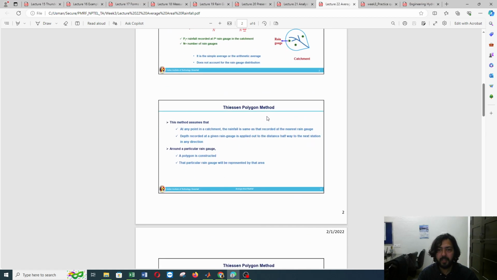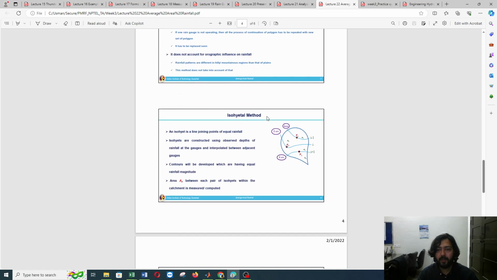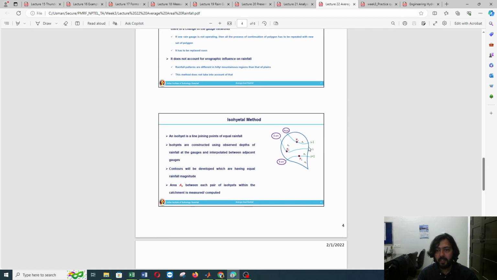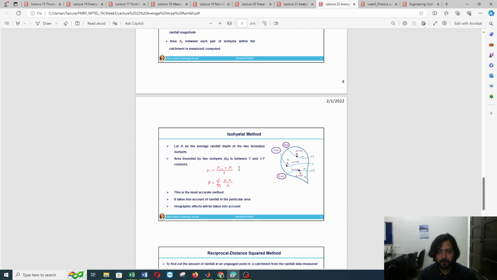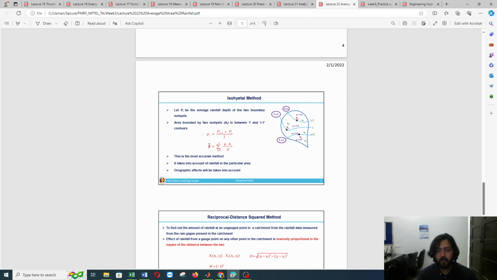Or you can use the isohyetal method. You join the points having equal rainfall depth, and those lines are called isohyets, and you divide the total catchment area into different areas. Then, using the mean precipitation value, you can calculate the mean precipitation for the entire area. You can use this formula to calculate it by the isohyetal method.